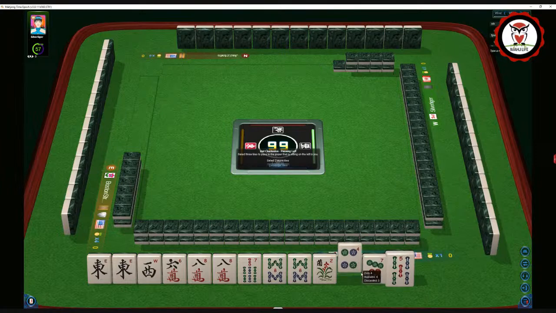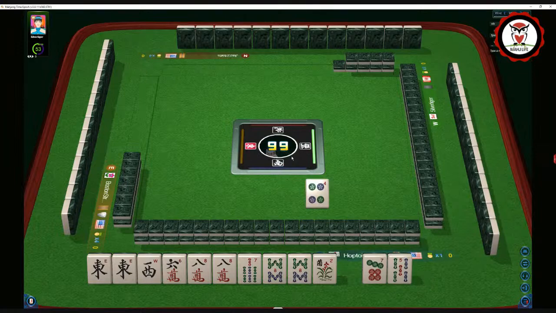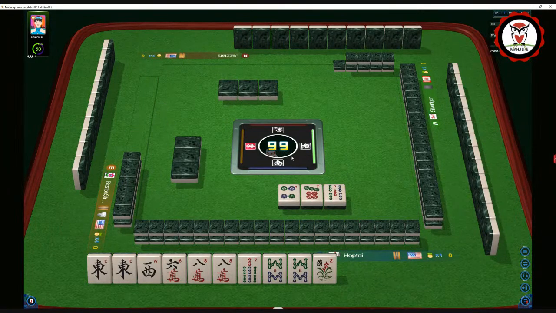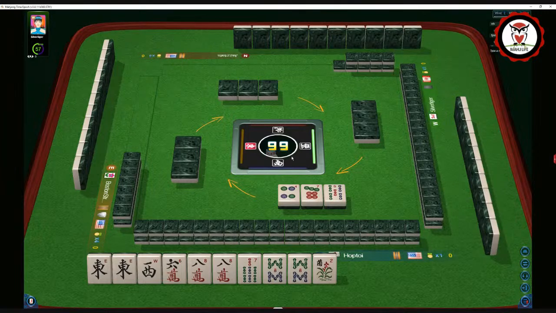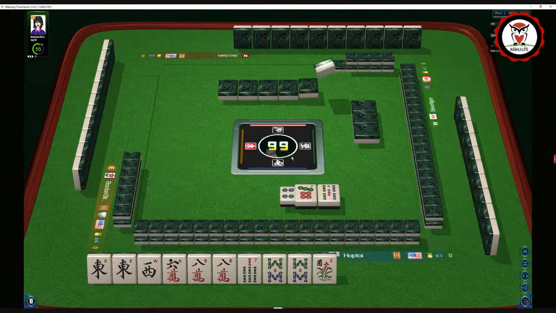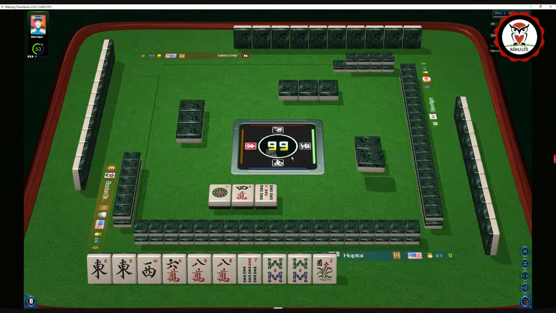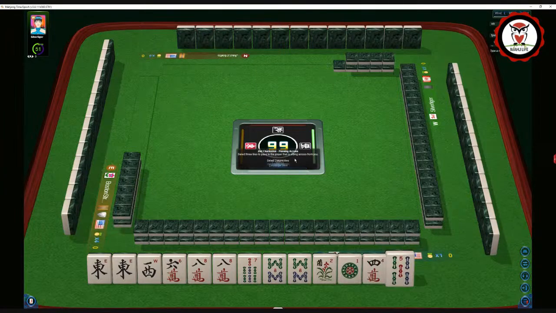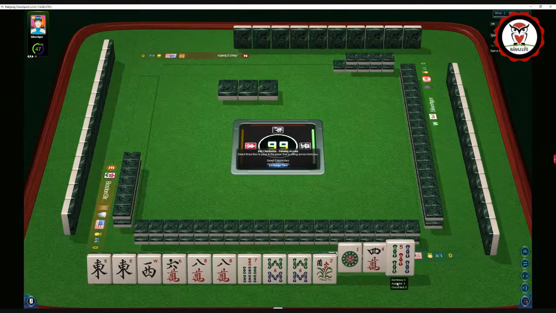Let's do 4, 7, 5. I'm keeping the east because we might be able to do a quint. This top hand under quints. We've got 2 pairs of 8s. 4, 5. These are good for passing really for us.